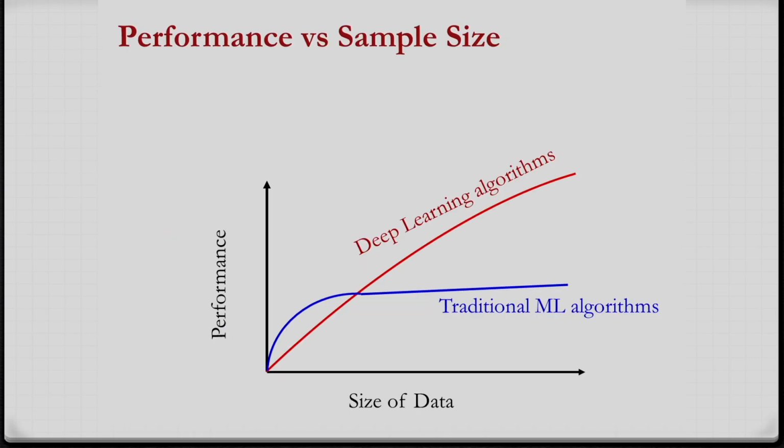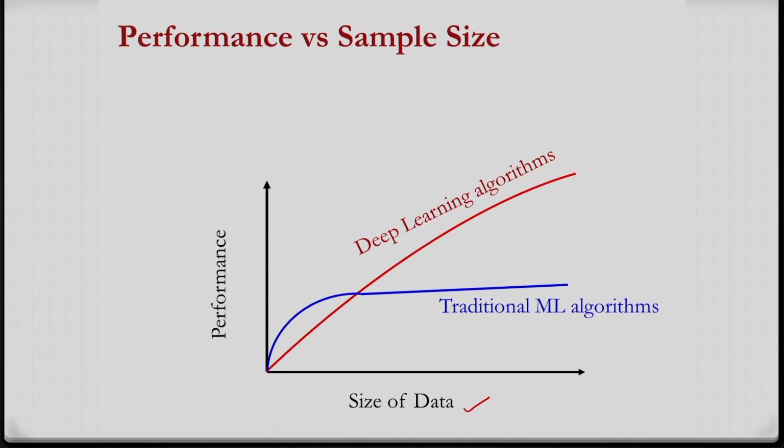And if you can see the performance of the deep learning algorithms and the traditional machine learning algorithms, here we are considering the size of the training data, and also we are considering the performance. If we have large amount of training data, then you can see the performance of the deep learning algorithms is much better as compared to traditional machine learning algorithms.